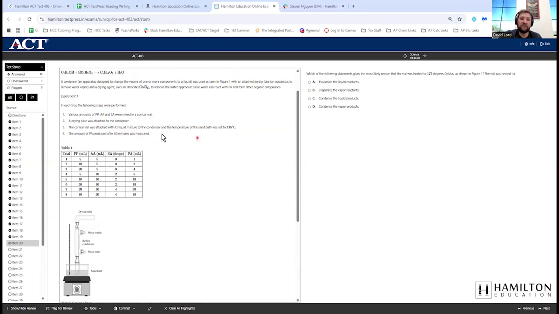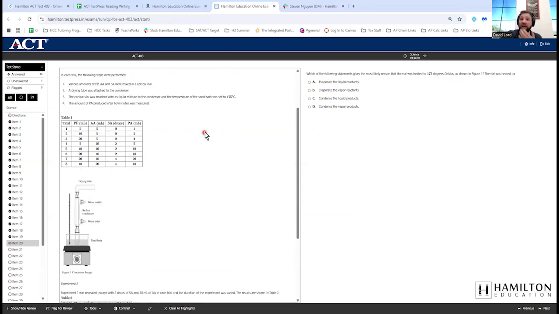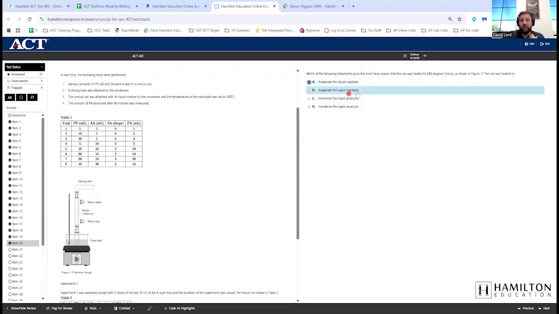So one thing you might imagine is you put something that hot. Again, at 100 degrees Celsius, water boils. So at 175, any of the liquid should be evaporating. So that's kind of what our goal is. We're not trying to condense the material. We're trying to evaporate it. And we're not trying to evaporate the gases. We're trying to evaporate the liquid reactants.